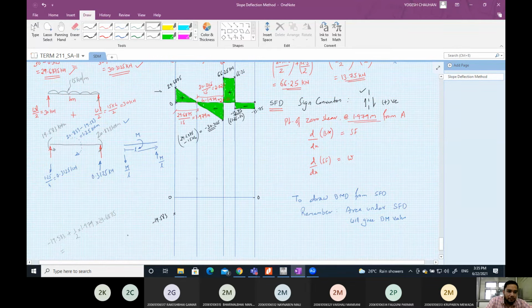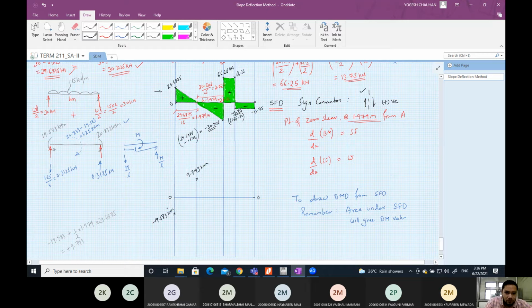So minus 19.583 plus 1/2 into 1.979 into 29.6875 will give you the bending moment at this point as plus 9.793 kilonewton meter.